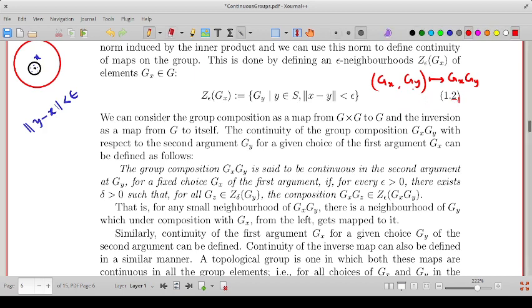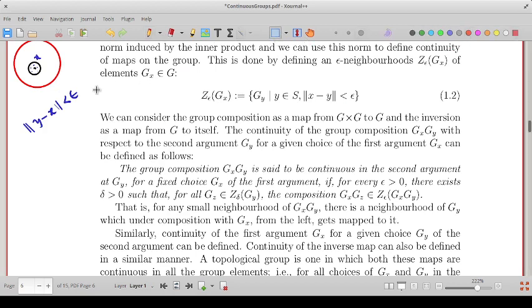Now, as I have discussed here, we could define neighborhoods for the group elements gx via this method, and this can in fact be used to define the continuity of the maps corresponding to the composition and inversion. But to do this, we consider first the composition map.